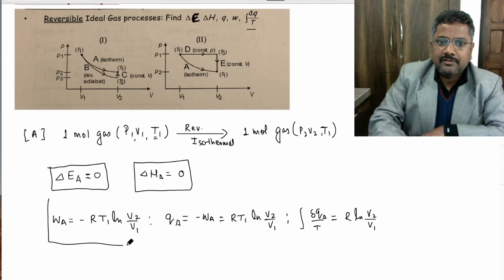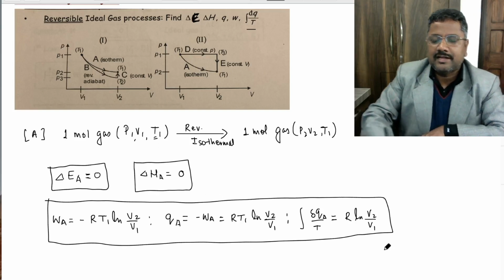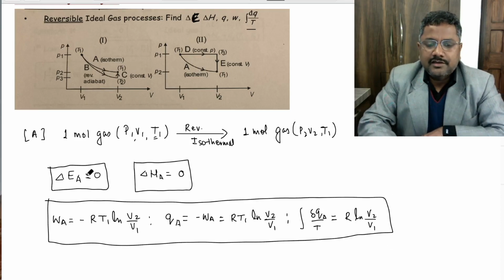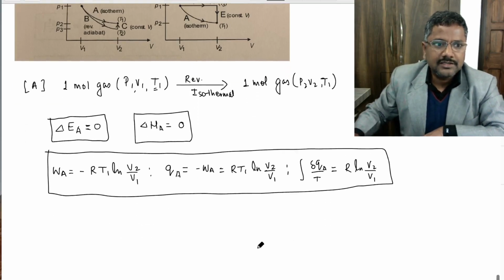So we have determined all the parameters along this path A: internal energy change, enthalpy change, work, heat, and heat by temperature.